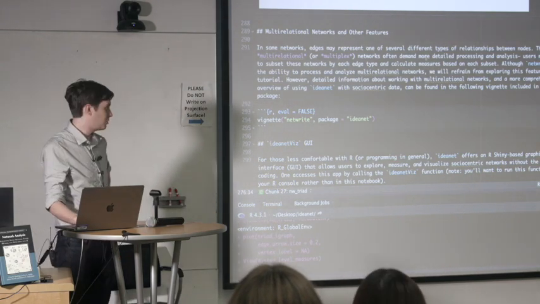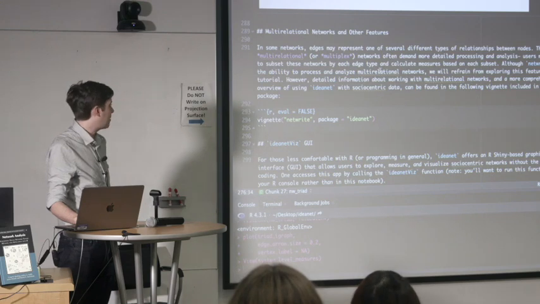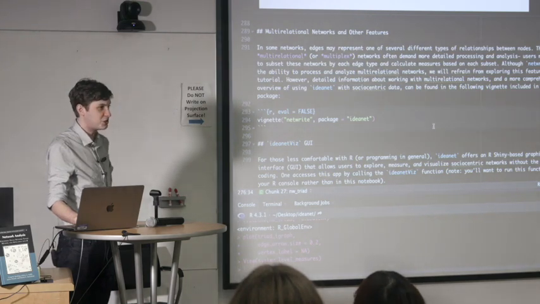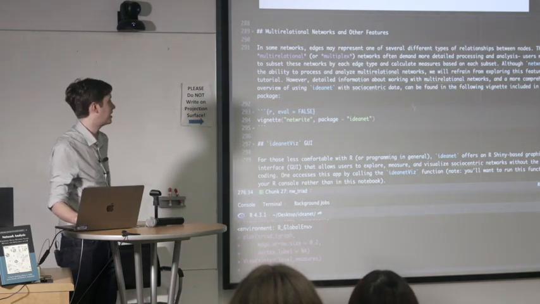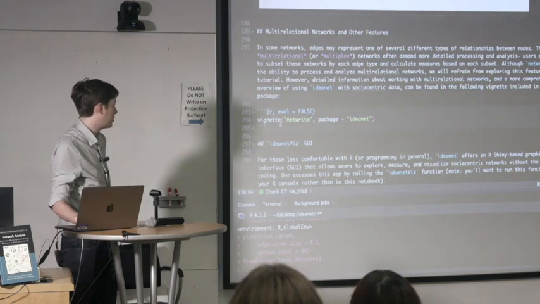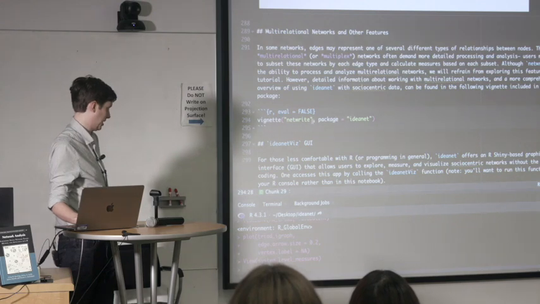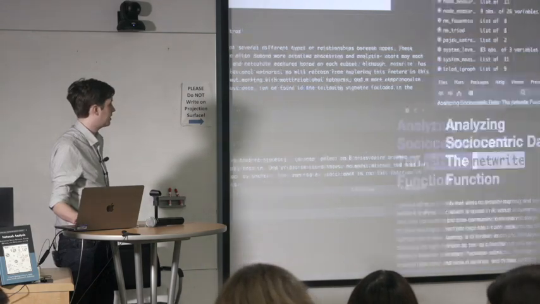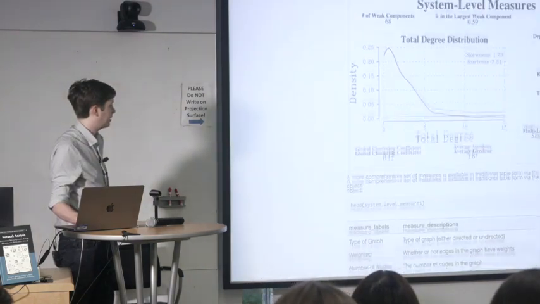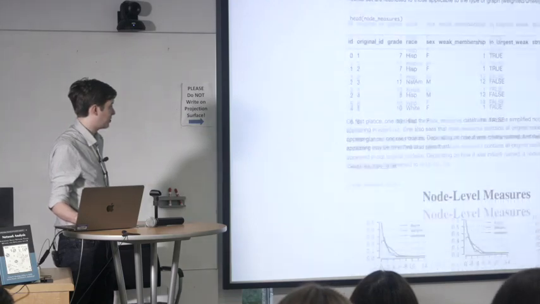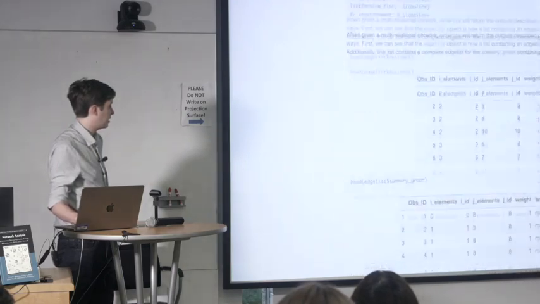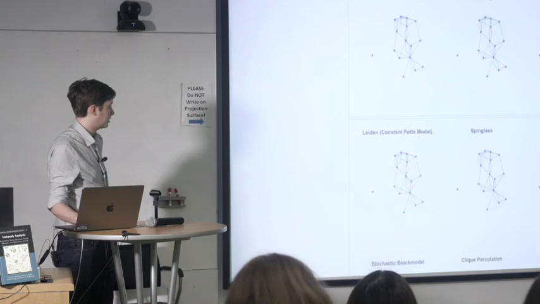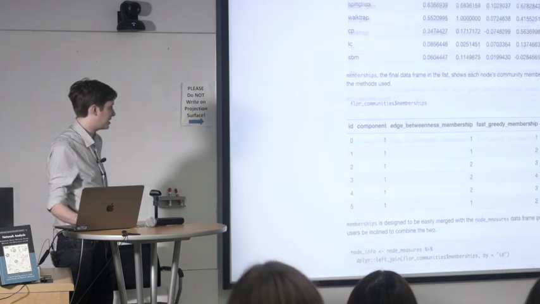However, a lot of this tutorial and what I've written here is adapted from the documentation vignettes we actually have in the IDEANET package. You can access them by running the vignette function, specifying the name of the vignette and specifying that it's in the IDEANET package. If I just run this, we can see we have a whole extensive list covering a lot of what we covered, but then going into multi-relational networks and community detection.